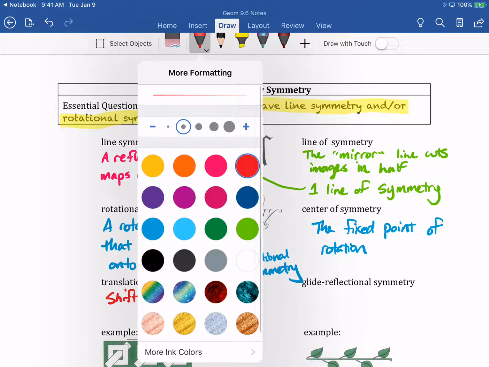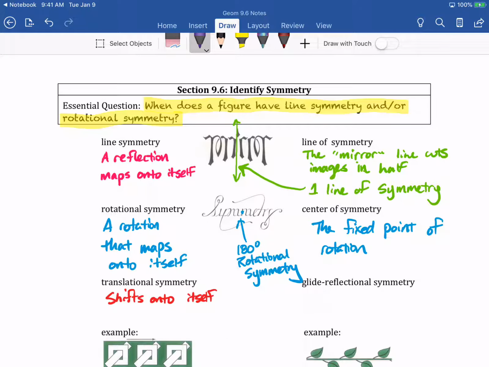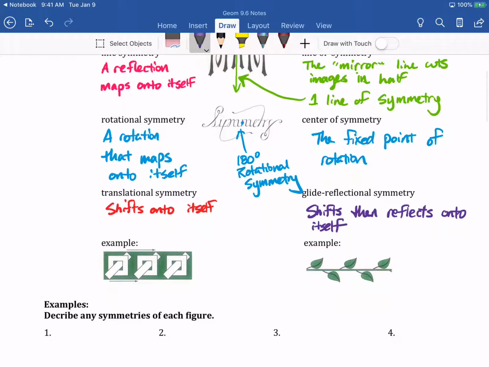And glide reflectional symmetry means it does two things. It shifts, then it reflects onto itself. Okay, so let's look at some examples right down below here.